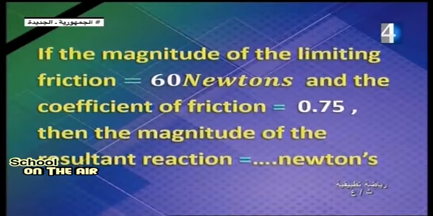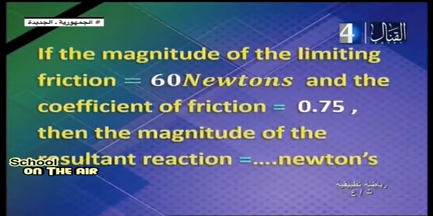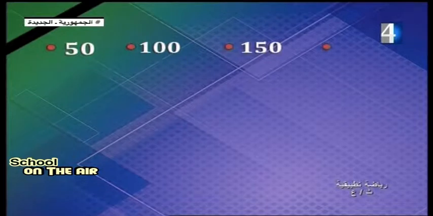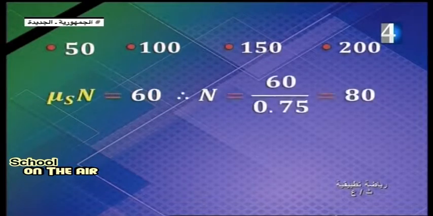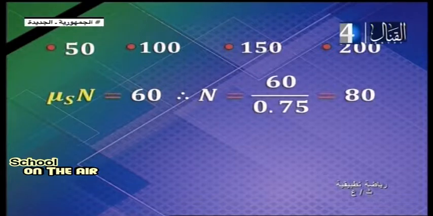If the magnitude of limiting friction is 60 newtons and the coefficient of friction is 0.75, then the magnitude of the resultant reaction equals what newtons? Choose the correct answer: 50, 100, 150, or 200. Look, mu S N is 60, and we know that mu S equals 0.75.